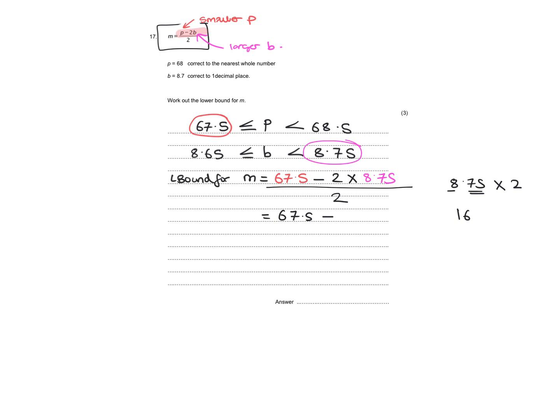You could also think about 75 times 2 is 150. So 0.75 times 2 is 1.5. So the answer to that is 17.5. So we want to do 67.5, take away 17.5, and then divide by 2. 67.5, take away 17.5, take away 7.5, we go down to 60, take away another 10, we go down to 50, 50 divided by 2, the answer is 25.